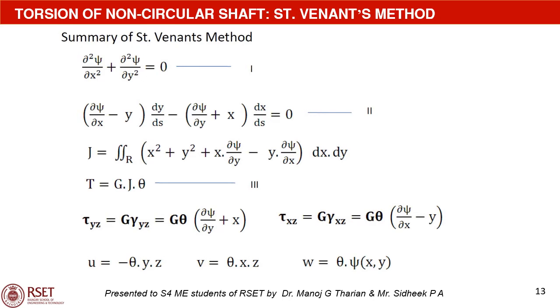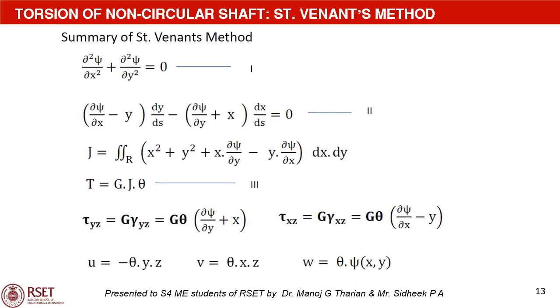Once we have obtained a suitable warping function psi which satisfies conditions 1 and 2, the Saint-Venant's torsion constant J can be calculated using the expression J is equal to double integral over the region R of x square plus y square plus x into dou psi by dou y minus y into dou psi by dou x into dx dy.